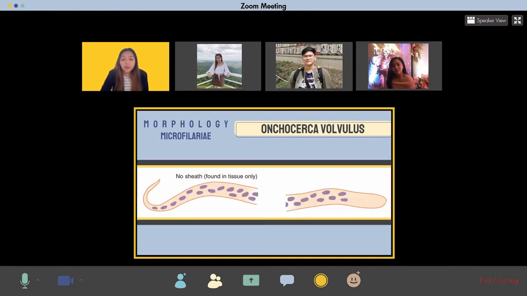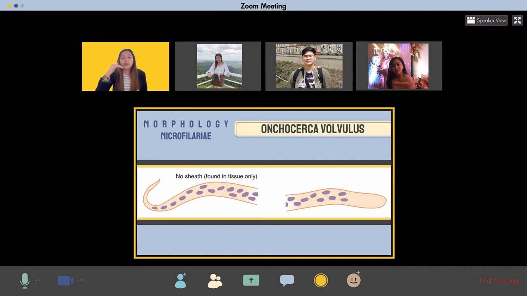Here we have the cartoon version, or the drawing version, of the Onchocerca volvulus microfilaria. And as you can see from the picture, the body nuclei are distributed throughout the body equally. However, they do not go up to the tip of the tail, or there is no terminal nucleus at the tip of the tail.